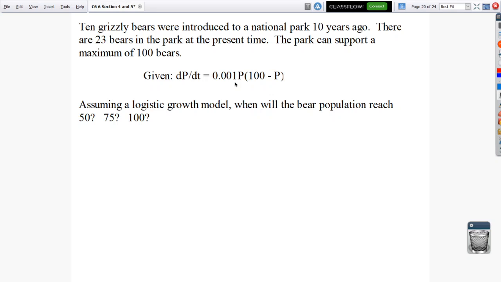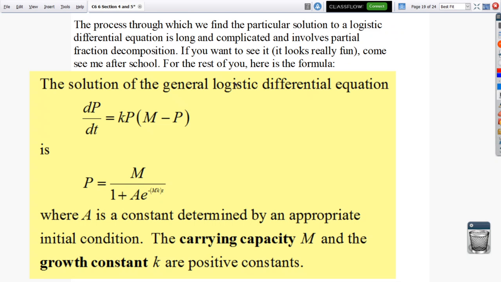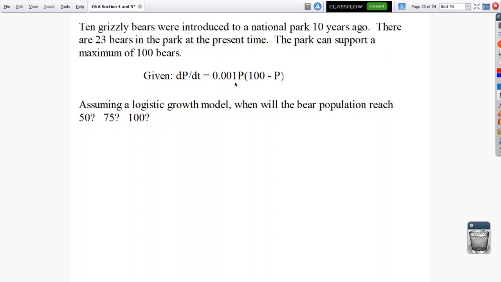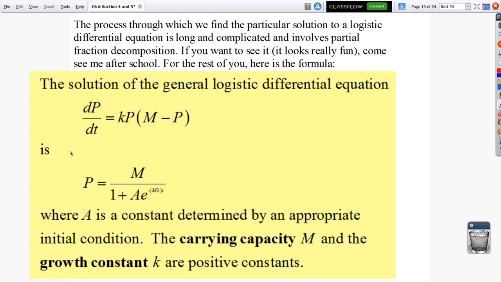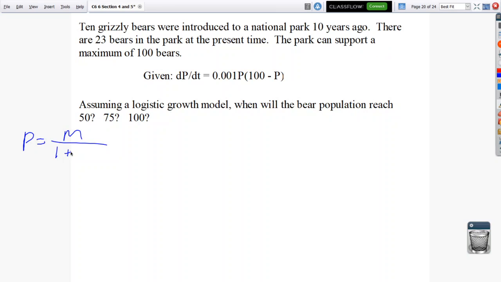Looking at this, again, I'm trying to match this general solution that P equals M over 1 plus A e to the negative Mkt. Again, that is P equals M over 1 plus A e to the negative Mkt.